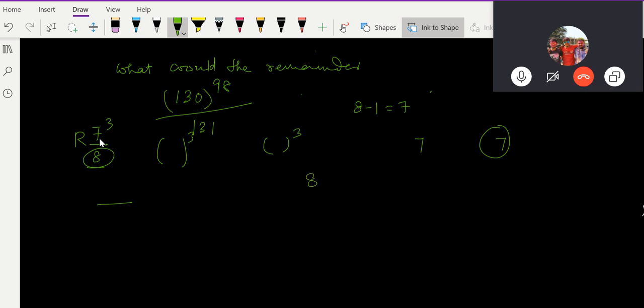Same thing, 8 by 7, remainder is plus 1. 8 square by 7, remainder would be plus 1. 8 cube by 7, remainder would be plus 1. 8 to the power anything by 7 would be plus 1, because this is plus 1.